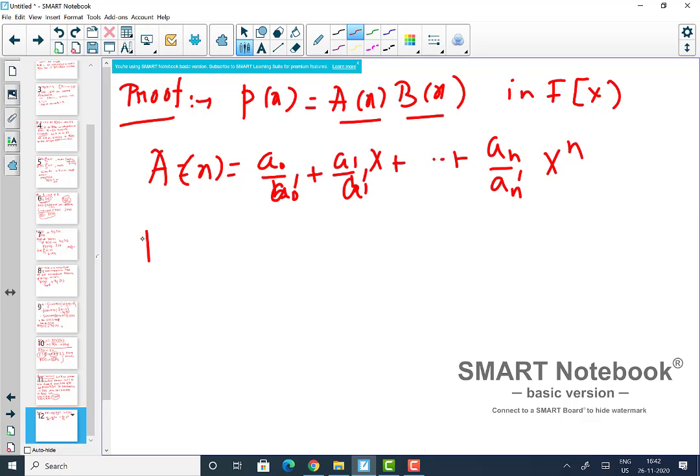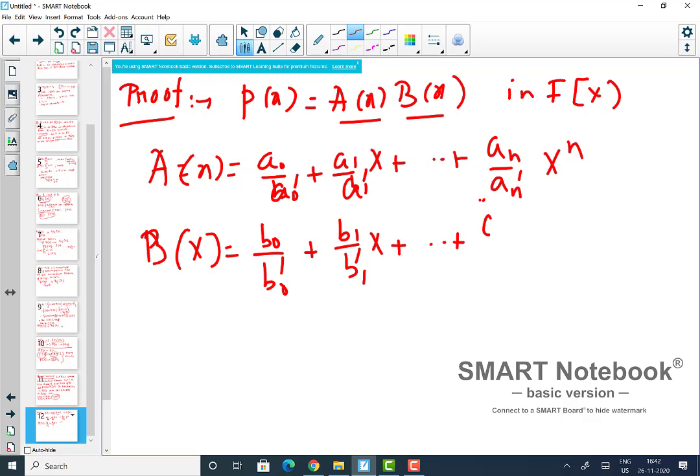Similarly, these are elements of F, where a0, a0 dash, a1, a1 dash are elements of R, and obviously of F also. And b(x) you can write as b0 by b0 dash plus b1 by b1 dash x, and so on, up to bm by bm dash x power m.